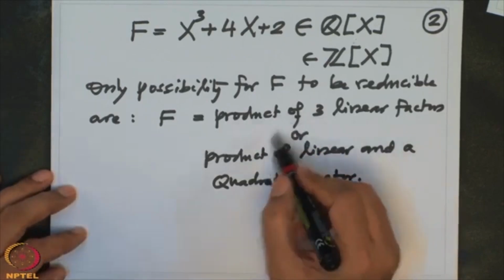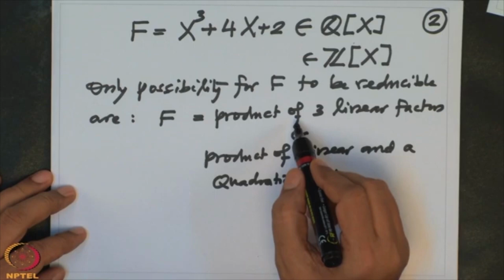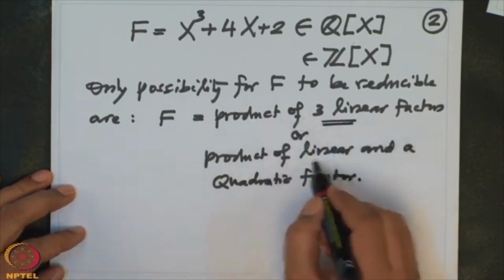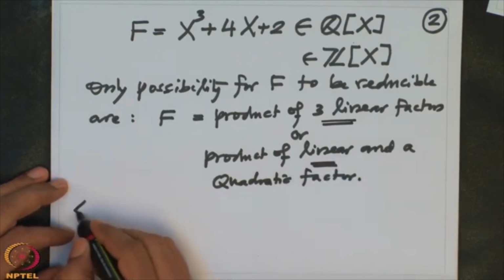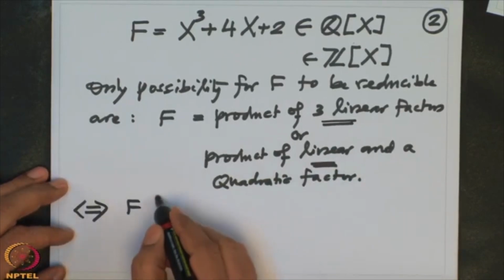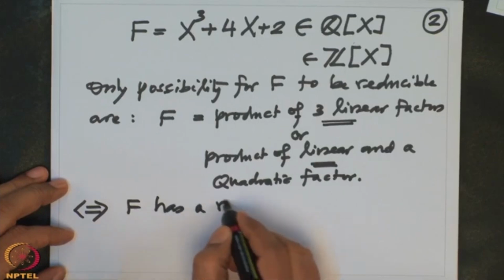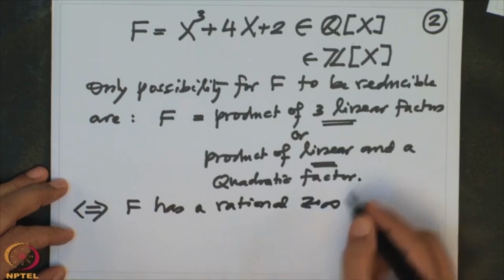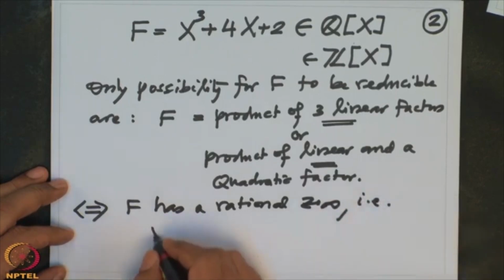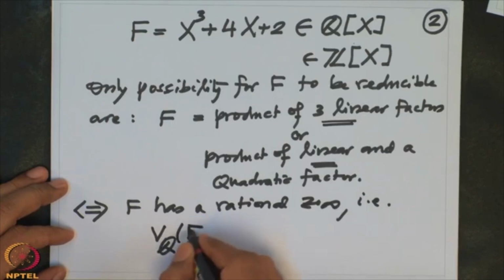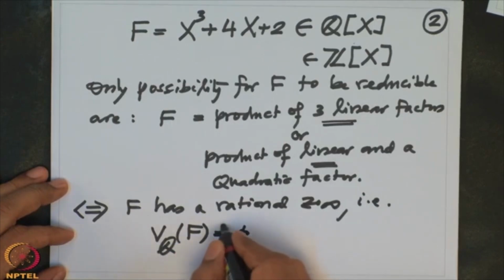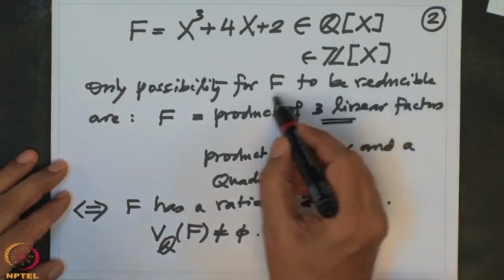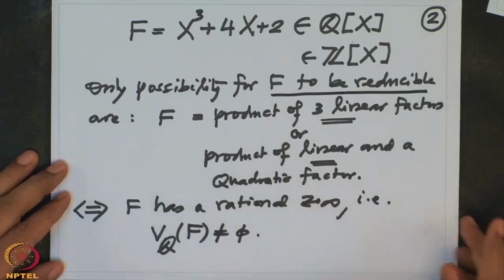In both cases, as we have seen, linear factors correspond to rational zeros. So in both cases, one linear factor is there, or equivalently, f has a rational zero. Again, that means in our notation, V_Q(f) is non-empty.